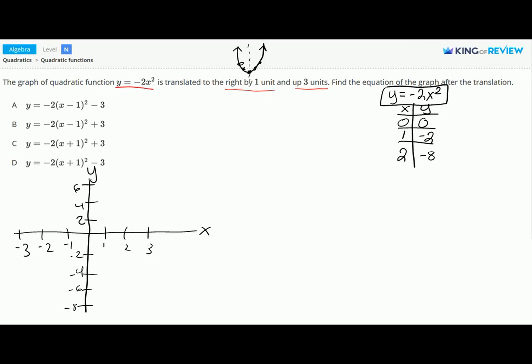Okay, so now we're ready to plot these points. We have the point 0, 0. That's right here. This is our vertex. We have the point 1, negative 2, which is right here. And we have the point 2, negative 8, which is right here.